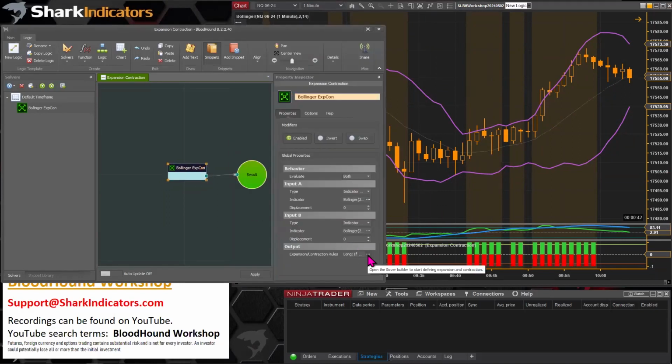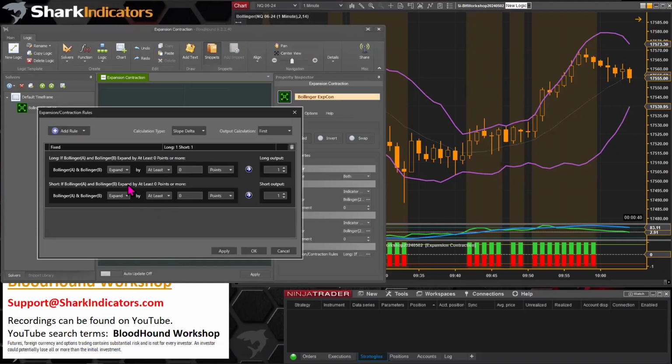So you're going to set the expansion contraction solver up to identify one or the other, and you're going to want to have this long and short output at the same time, again, because expansion and contraction doesn't tell you market trend direction. It just tells you volatility is increasing or decreasing.